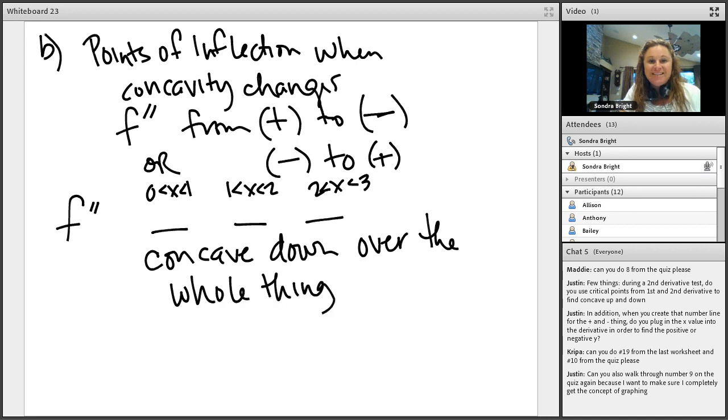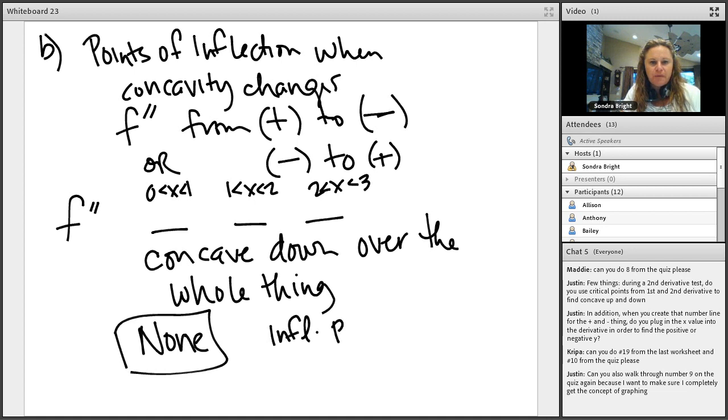And so it didn't change concavity, and so there are no inflection points.